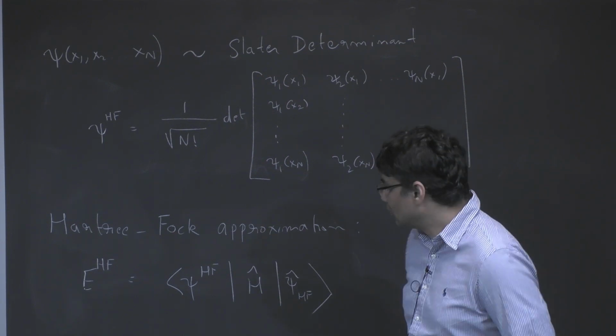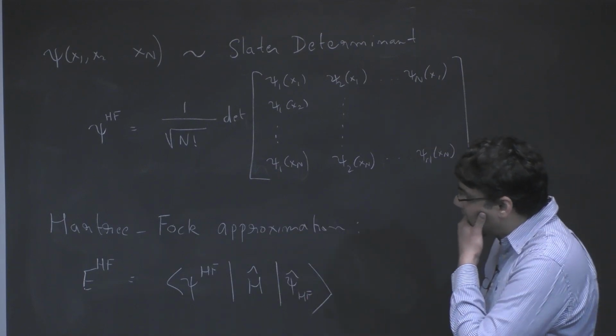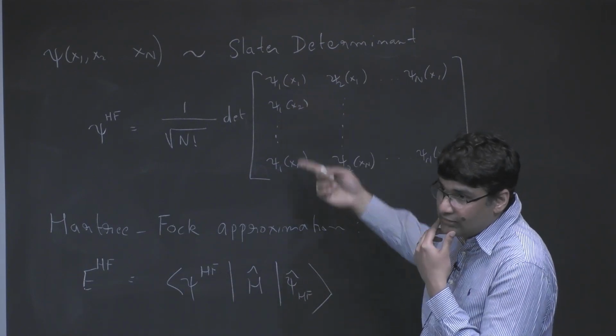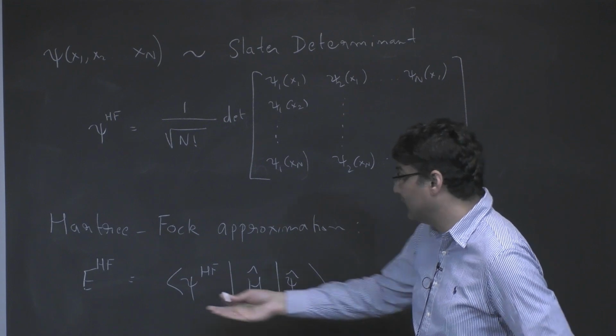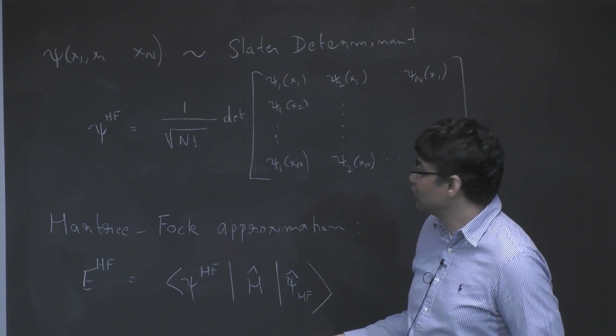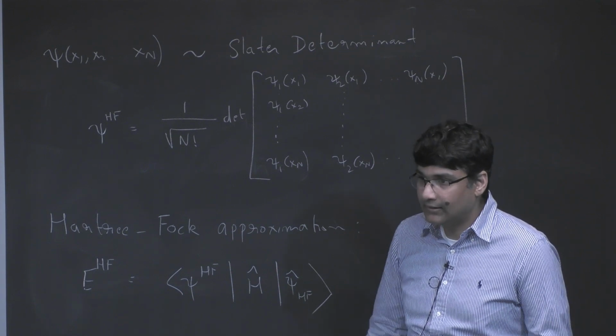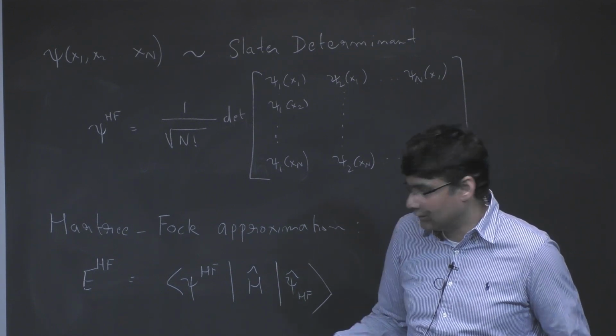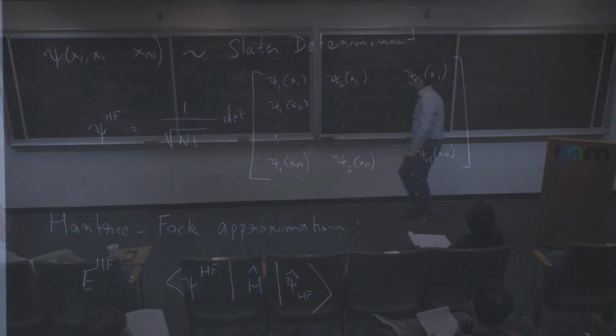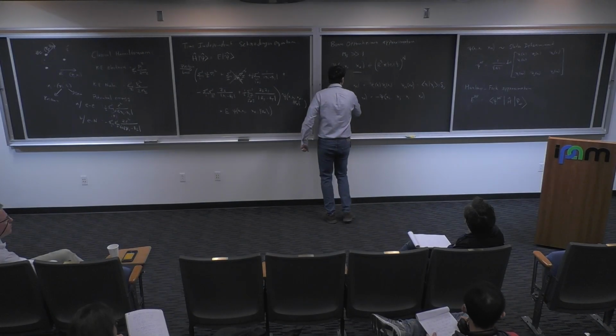Now if we want to compute what the energy is going to be, we don't know what these wave functions are. So I have to minimize this particular energy with respect to the choice of the single-electron Hartree-Fock orbitals that I end up getting. So once we do that, if I may erase this.